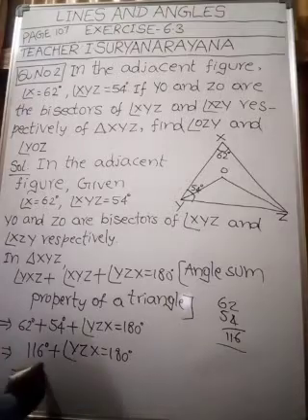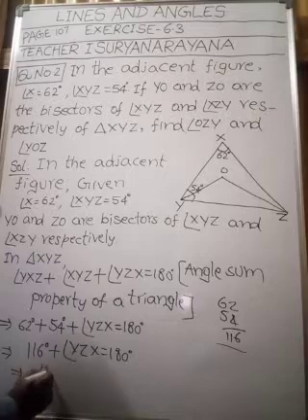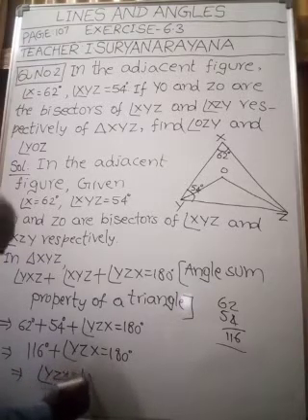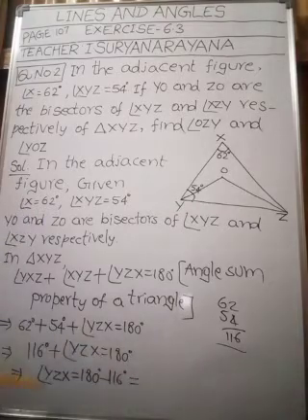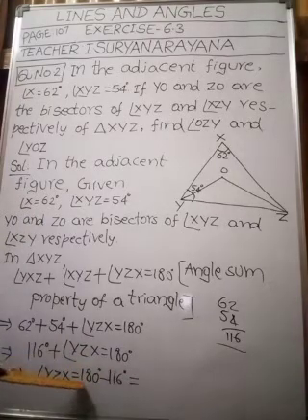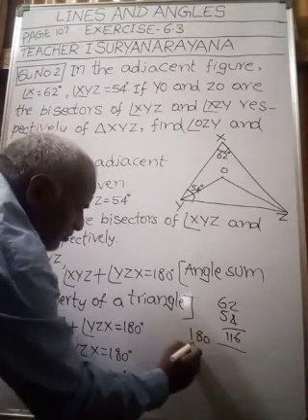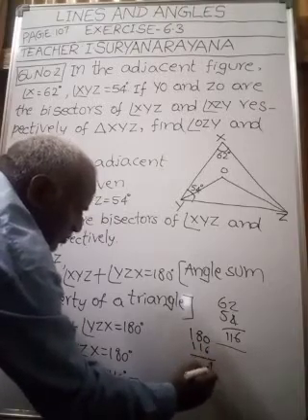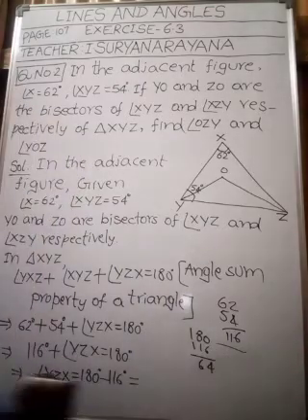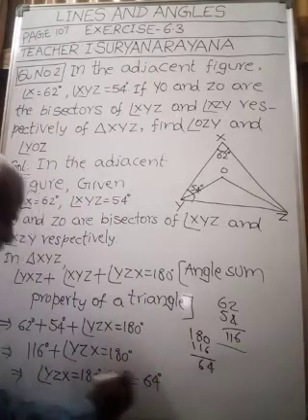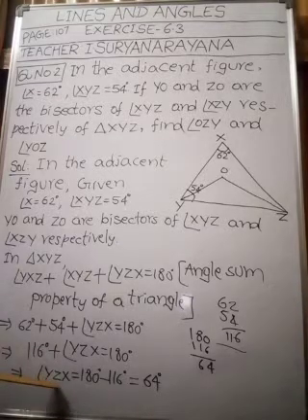Okay, my children? Right. Angle YZX is equal to 180 degrees minus 116 degrees. Let us find its value. 180 minus 116 is 64 degrees. So this is the measurement of the angle YZX.